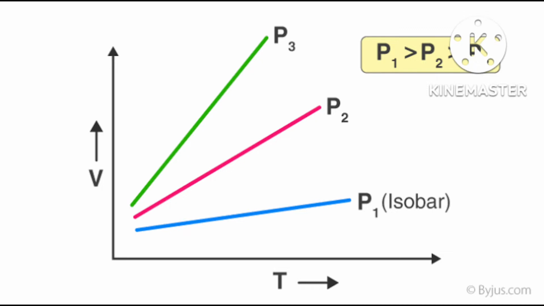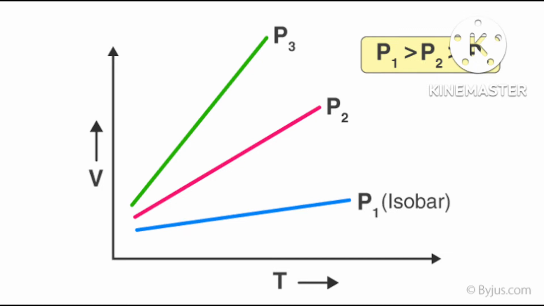So Vt is equal to V0 times the bracket of 1 plus t divided by 273.15.